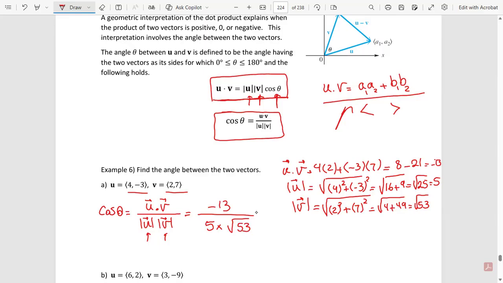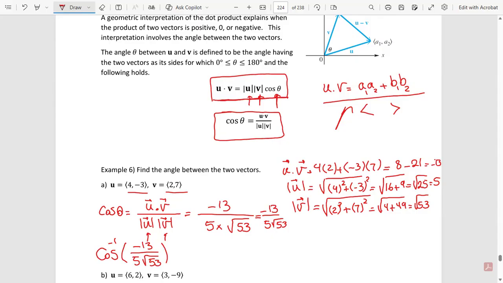Now, after finding this fraction, you can see that there is nothing to simplify and nothing to multiply, and this is my final answer. Then we are going to use the cosine inverse key. That means we need to type this in the calculator to see what we get.